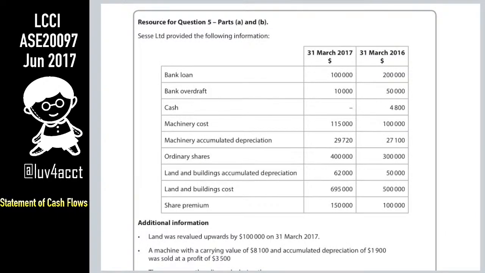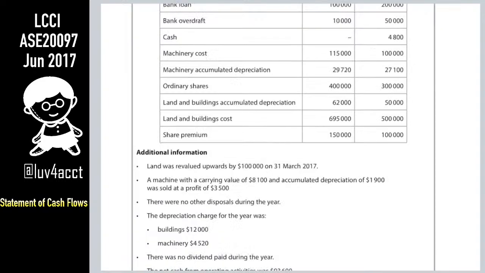We have opening and closing balance. Okay, some additional information. Okay, and then prepare the statement of cash flows. Okay, it directly asks you to prepare this statement for 13 marks. And then we have 5 points for evaluation. Okay, so let's start.